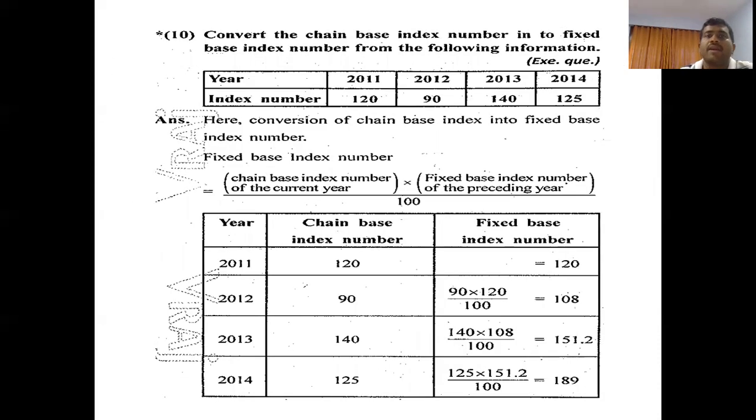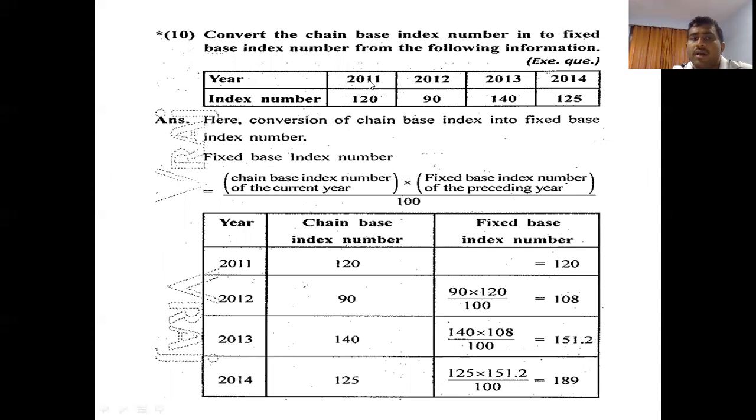Clear? Tenth one: convert the chain based index number into fixed base index number. When I was explaining this topic, I already said that this is a little bit hard and a little bit confusing topic also. Now, what is the formula? Convert the chain based index number into FBI from the following information.